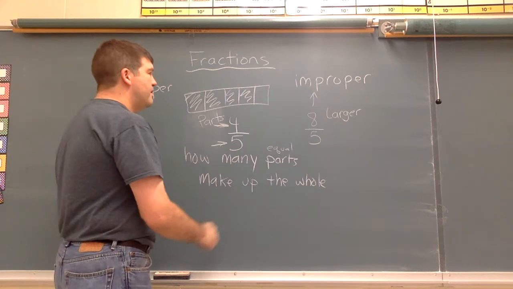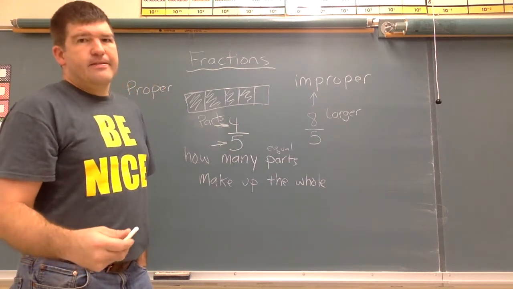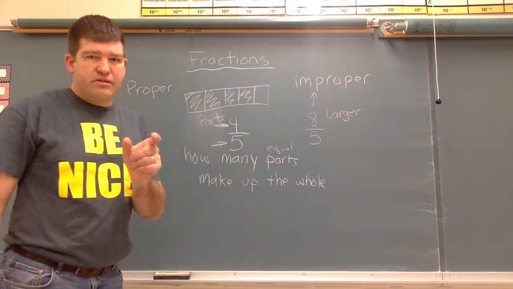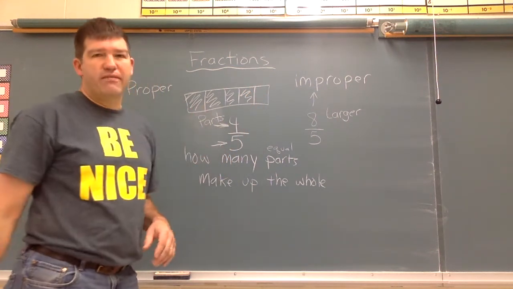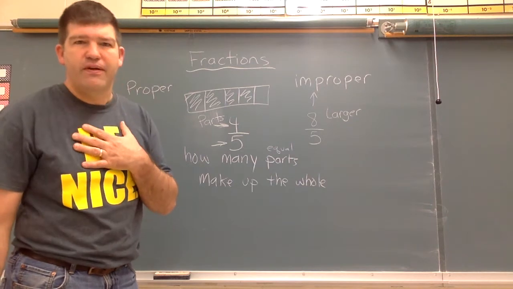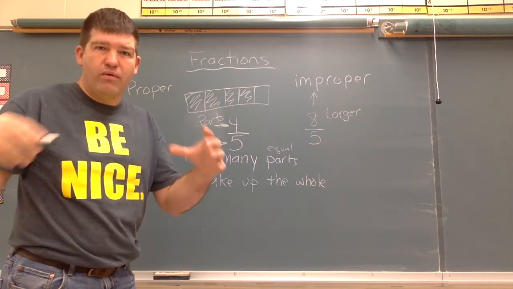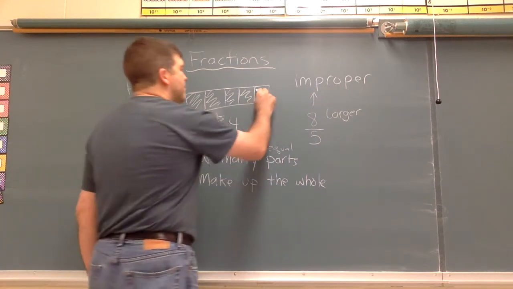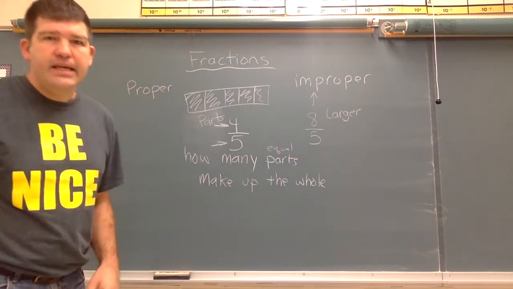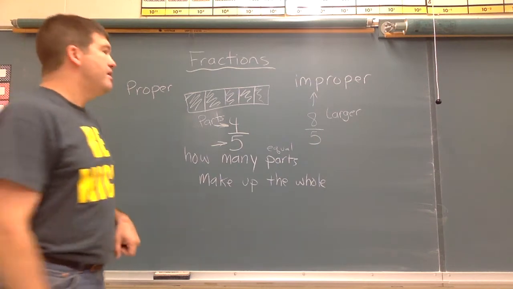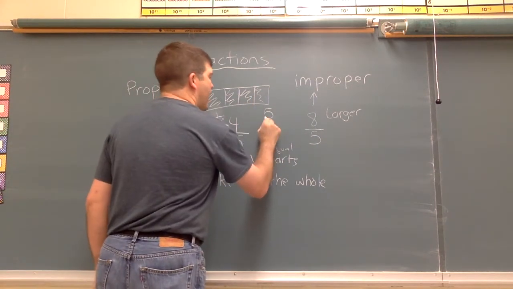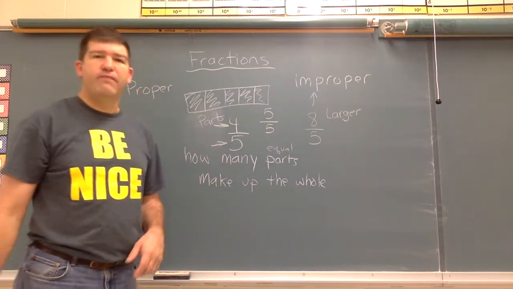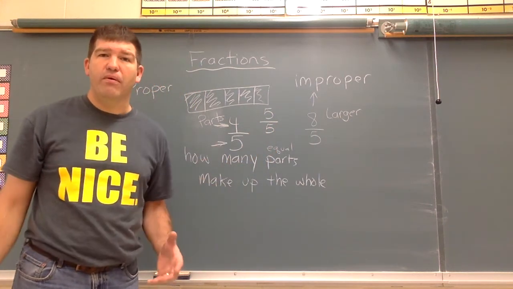Now, if I would say this is like a candy bar, and the candy bar comes in 5 different squares. I eat 4 of the 5 candy squares, so I've eaten 4/5 of the candy bar, the one whole candy bar. And then I get a little hungry, and so then I come back, which I normally do, and eat that 5th square. Now I have eaten 5 parts of the 5 equal parts that make up the whole.